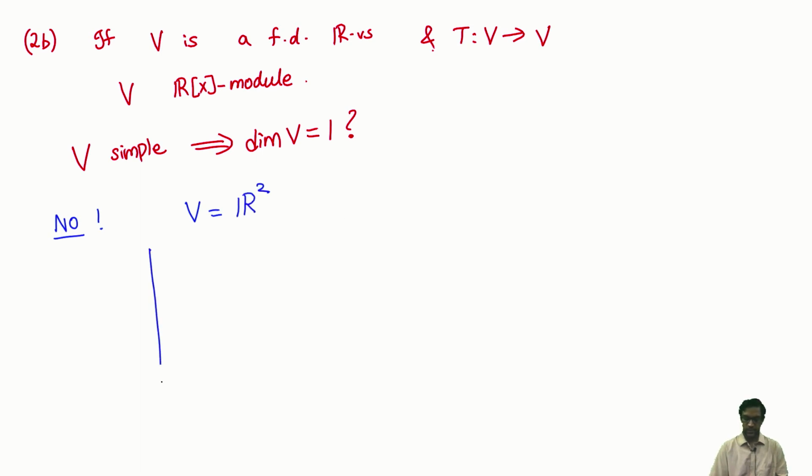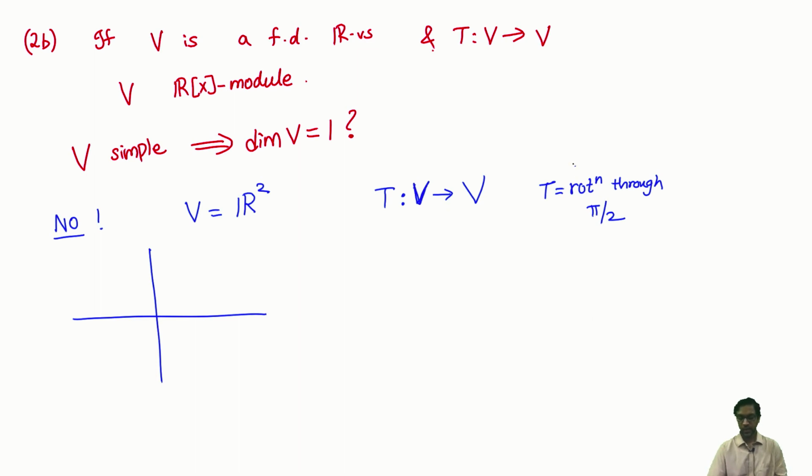I look at this two-dimensional real vector space R2, and I take this linear operator T from V to V to be, well, I can just describe it geometrically. Let's take T to be the map which is rotation through a 90-degree angle, pi by 2, an anti-clockwise rotation by 90 degrees.